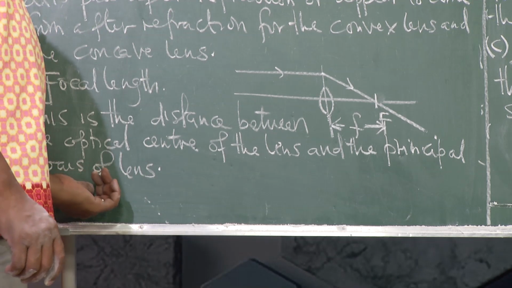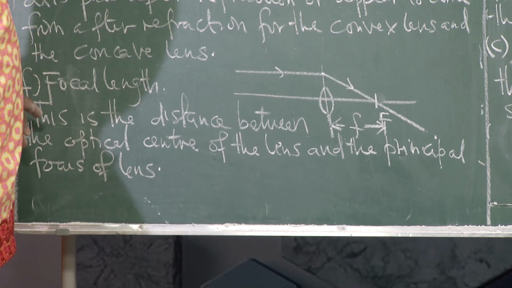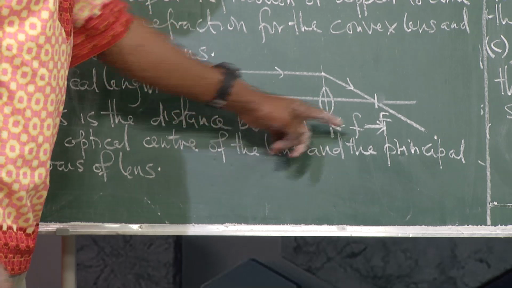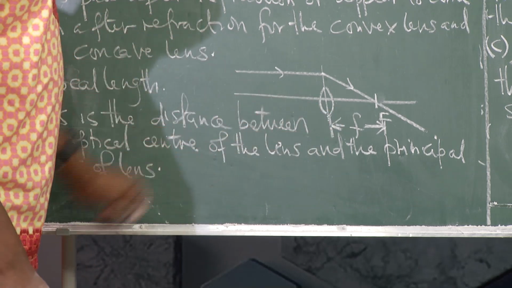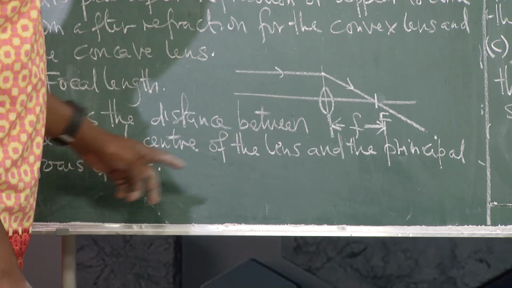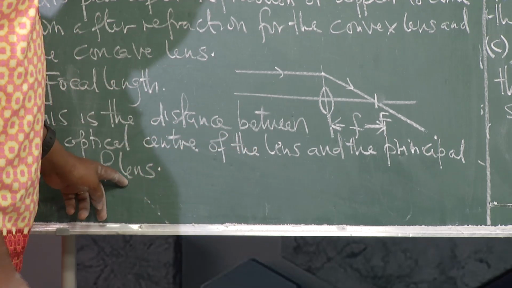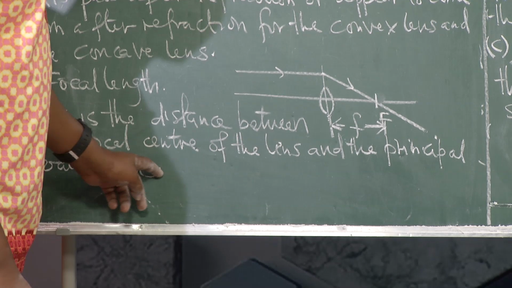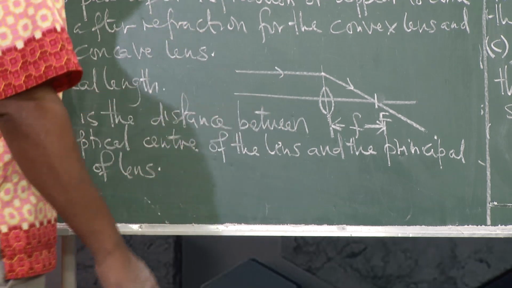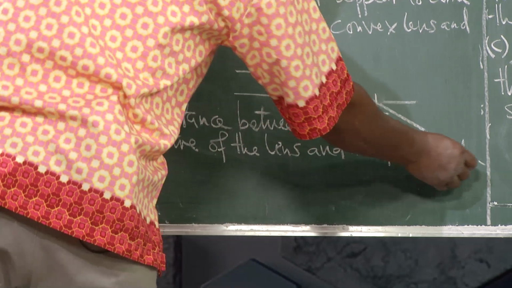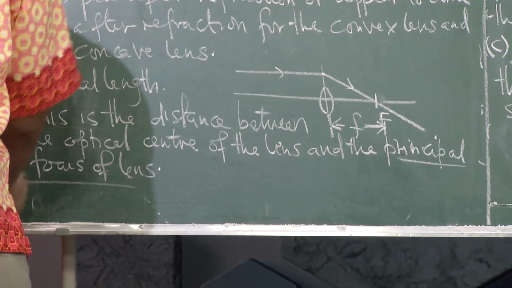If you don't want to use principal focus of the lens, you say it's the distance between the optical center and the point on the principal axis where rays originally parallel converge after refraction. You are basically referring to this point.